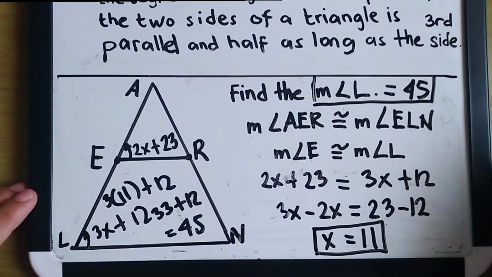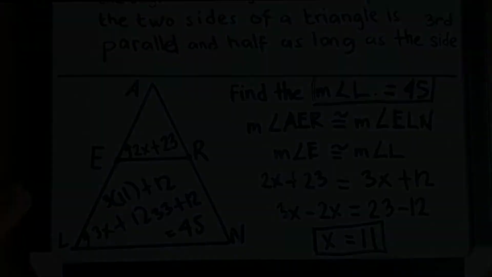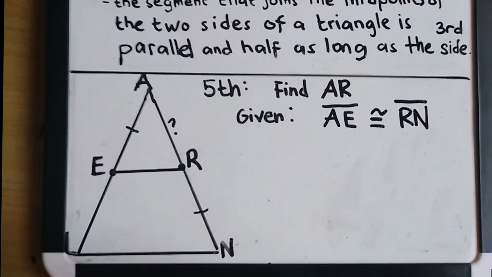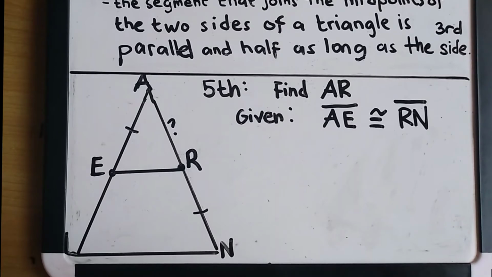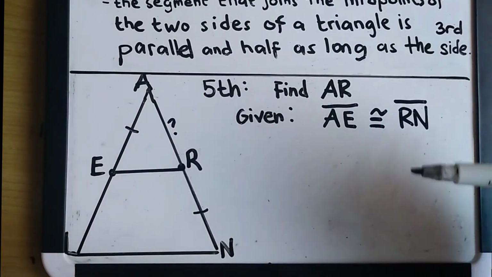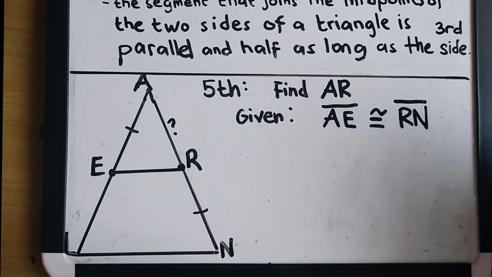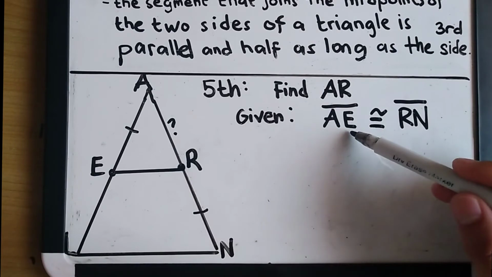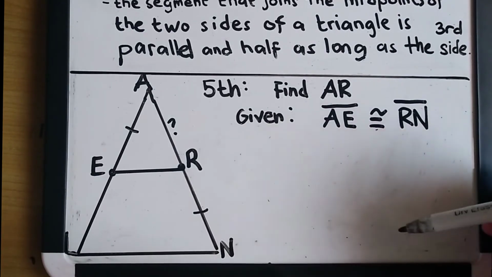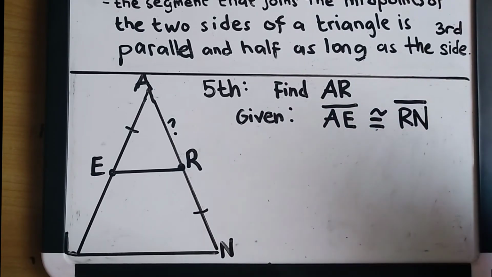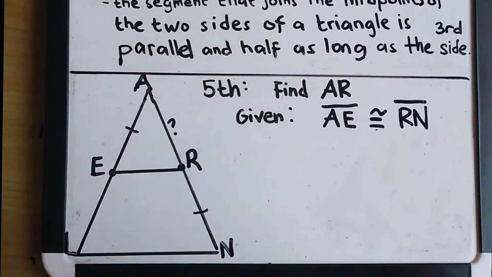Let us go to our final example. For our fifth and final example, we are asked to find AR. Our given, we have segment AE and segment RN. It is shown in the figure that the two segments are congruent. Segment AE is congruent to segment RN, but we are asked to look for AR.